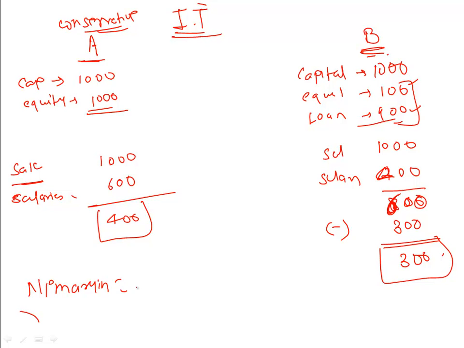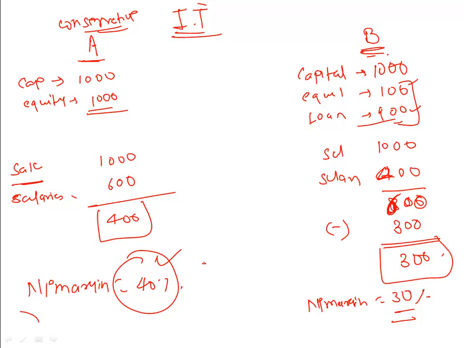If I make sales of 1000 and my profit is 400, my net profit margin is how much? 40%. What is the net profit margin of this company? 30%. Which one is better? Of course this one, isn't it? 40% is a smarter number, more net profit.